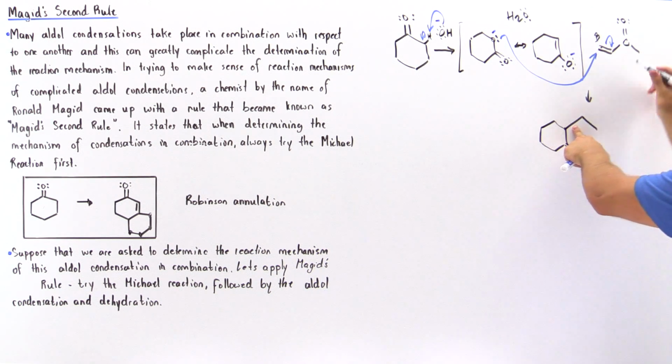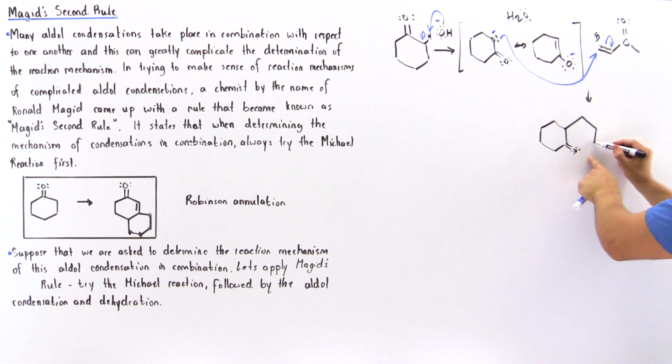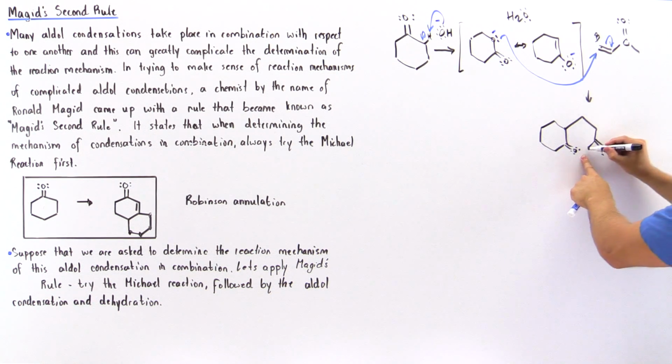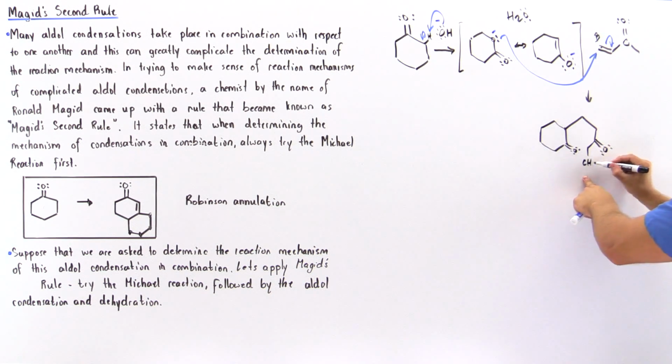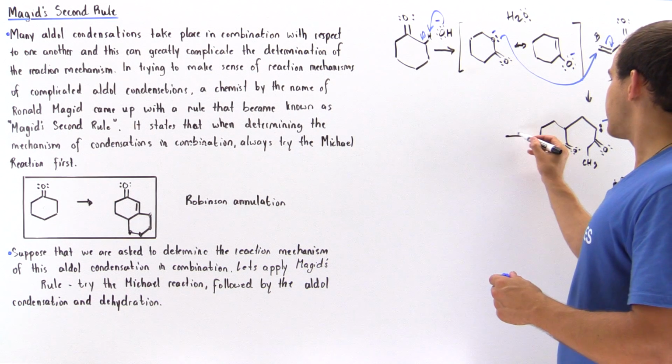Now, of course, we have our 1, 2, 3, 4. So this is our other carbon-oxygen bond, and this is our CH3 group right over here. And of course, when these 2 pi electrons go into this carbon, our 2 lone electrons end up on this carbon here, and so we have a negative charge here. And of course, this negative charge will be delocalized onto this oxygen, but we're not going to draw that in this diagram to basically save some space.